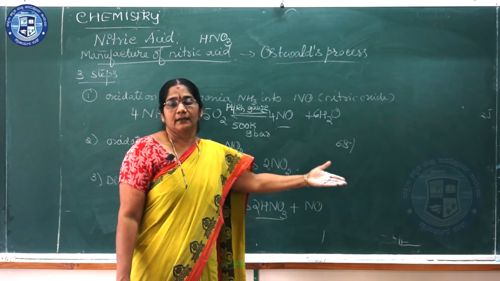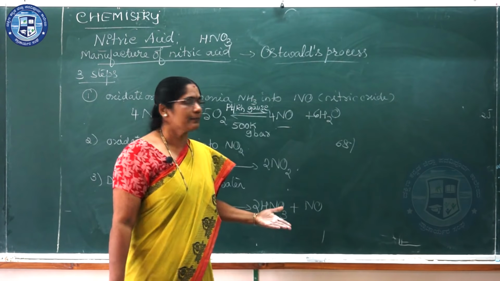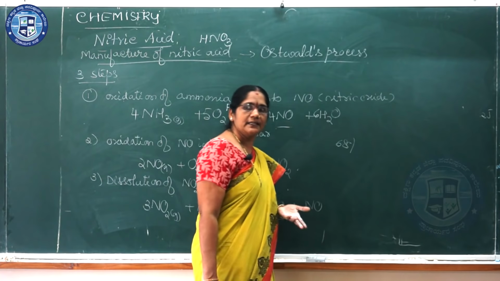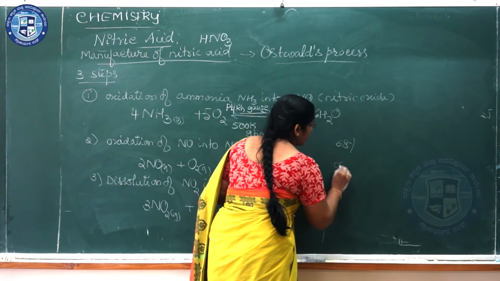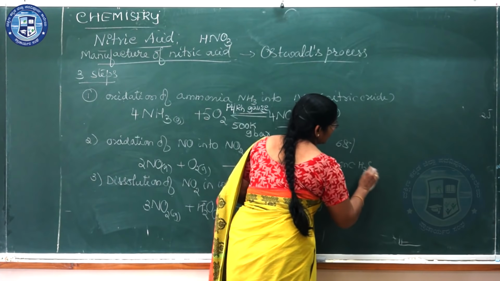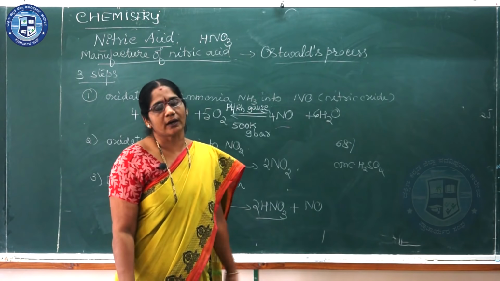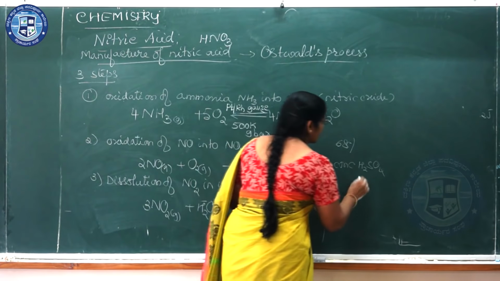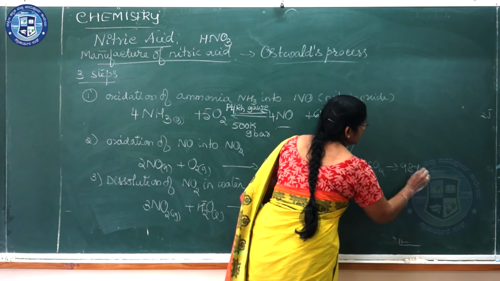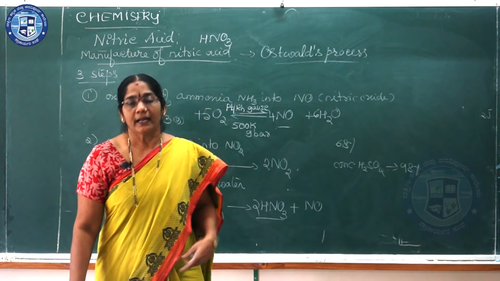Further concentration is not possible by fractional distillation, and therefore by using concentrated sulfuric acid, which is a dehydrating agent, the remaining water can be removed and we can get up to 98% of nitric acid.